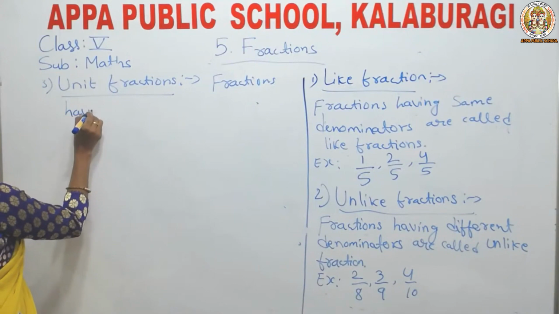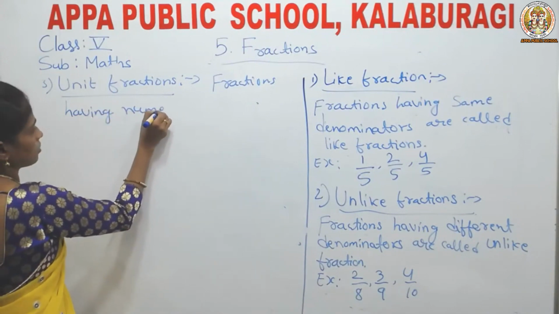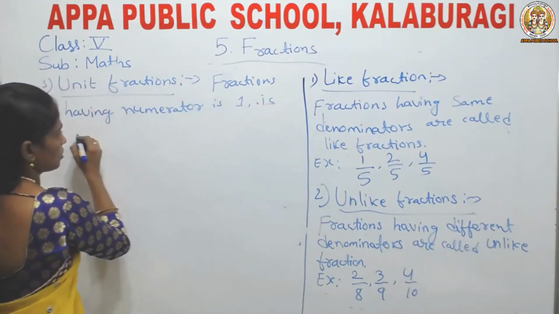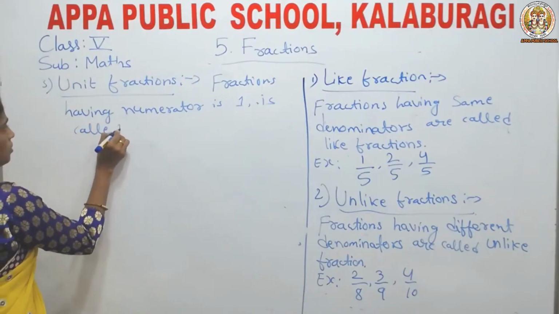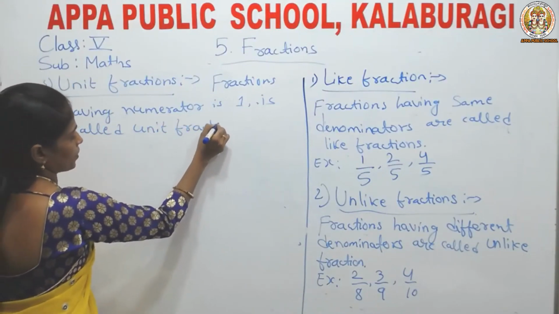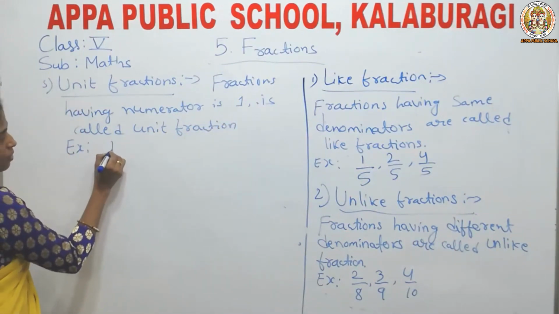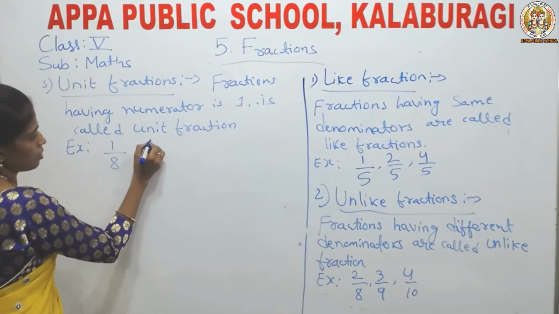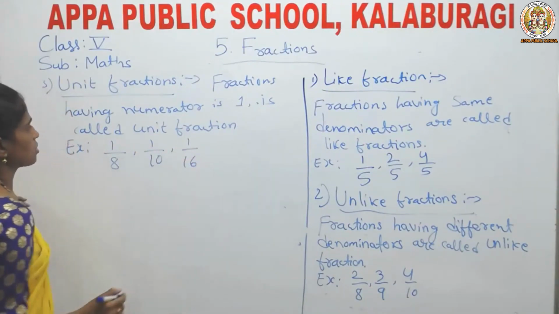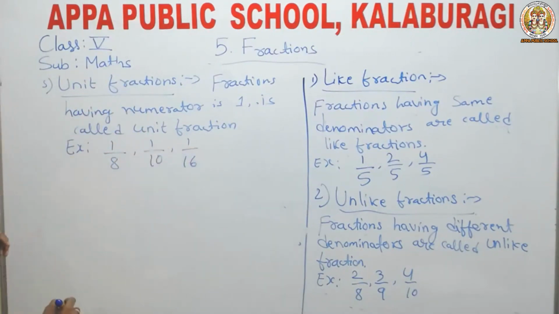For example, 1 by 8, 1 by 10, 1 by 16. Here the numerator is 1, so these are called unit fractions.